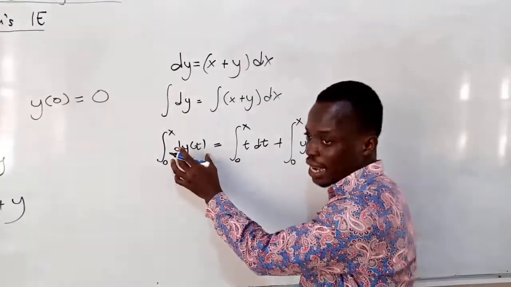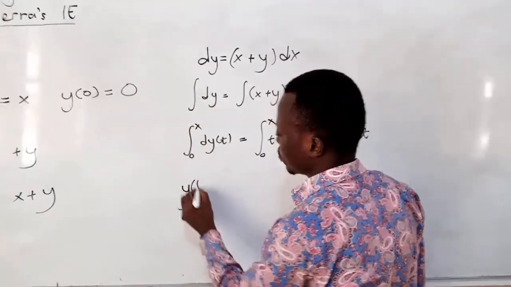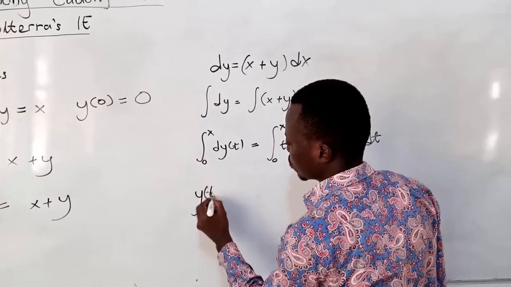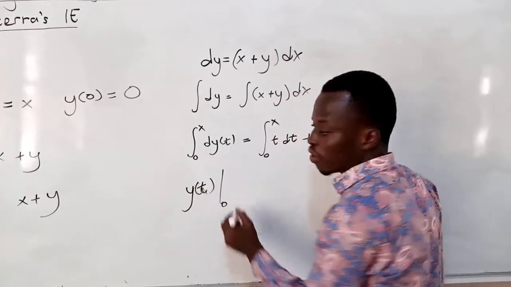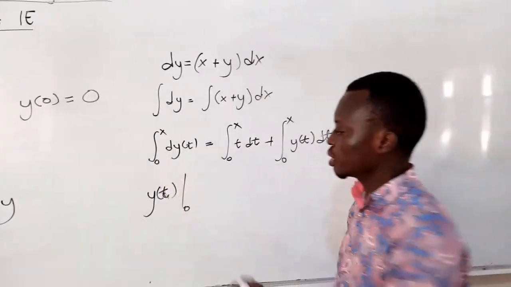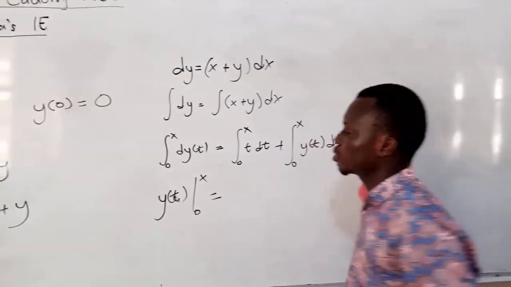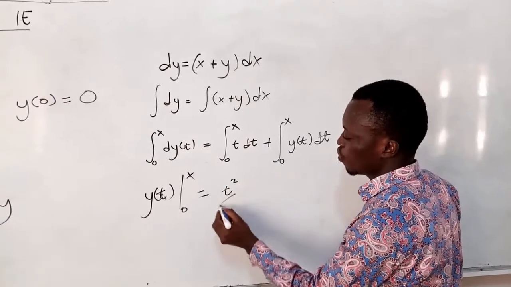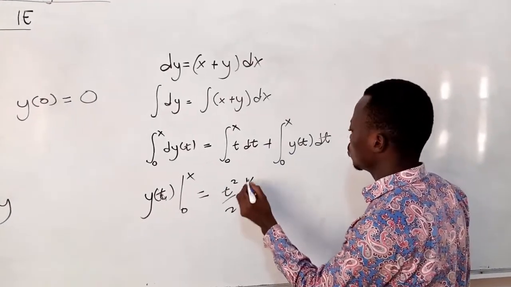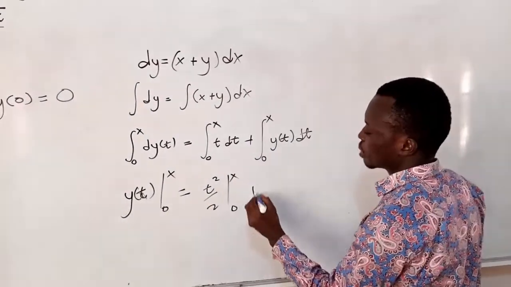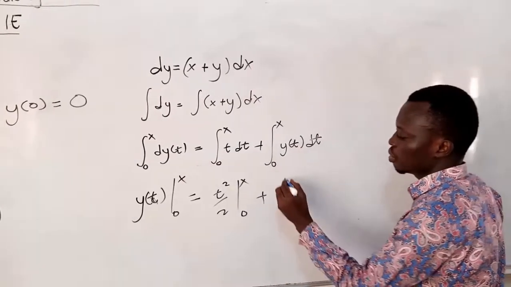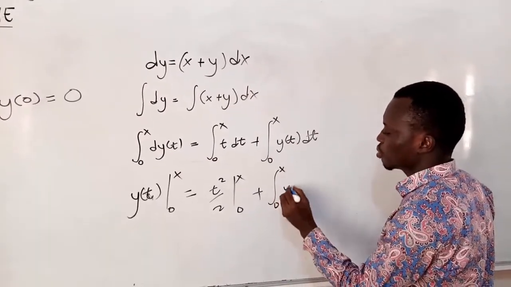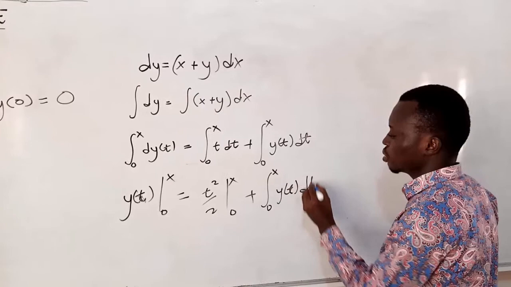If we integrate this side, we're going to get y of t evaluated at 0 to what? s, which will be equal to t squared. If we integrate t, I'm going to get t squared over 2 evaluated at 0 to s plus integral of 0 to what? s, y of t dt.